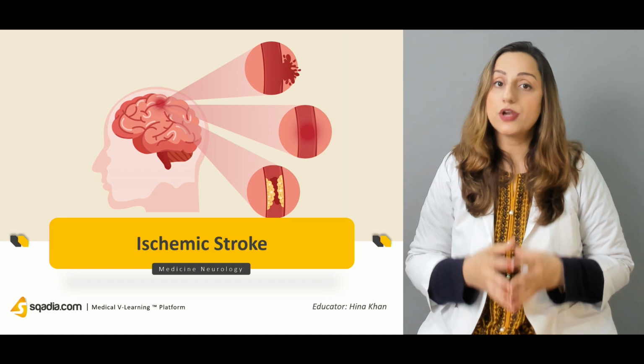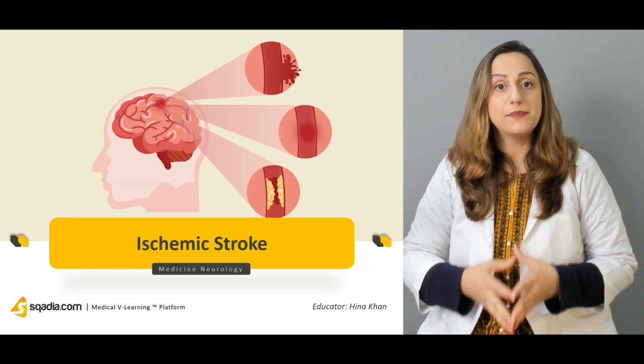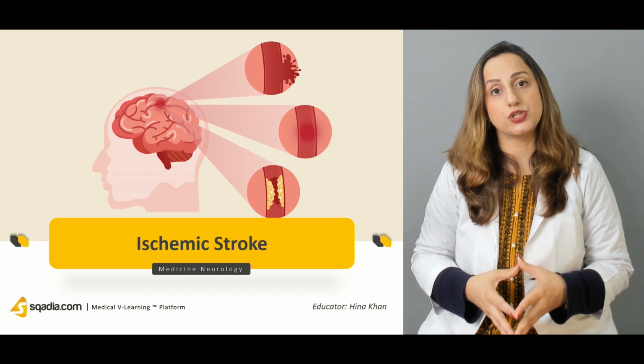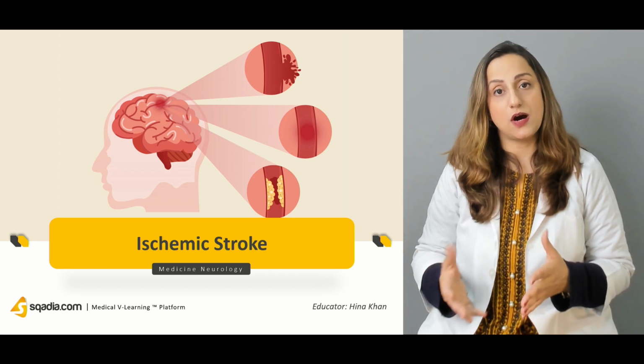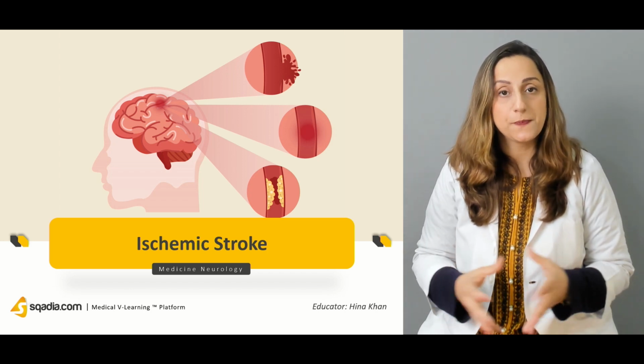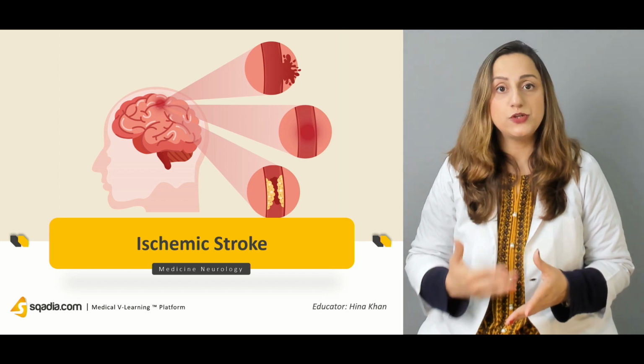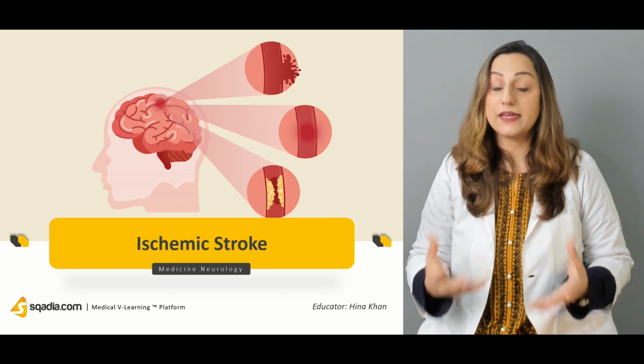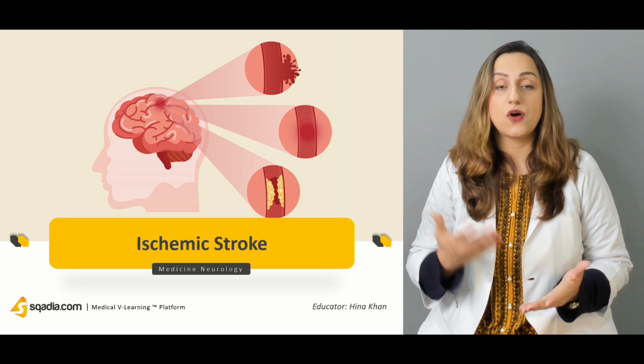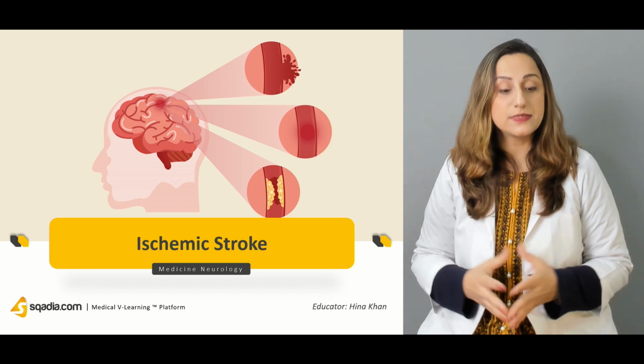Now, there are a lot of medical conditions that predispose an individual towards the development of ischemic stroke. The patient can give you a history of being a diagnosed case of hypertension or diabetes mellitus.